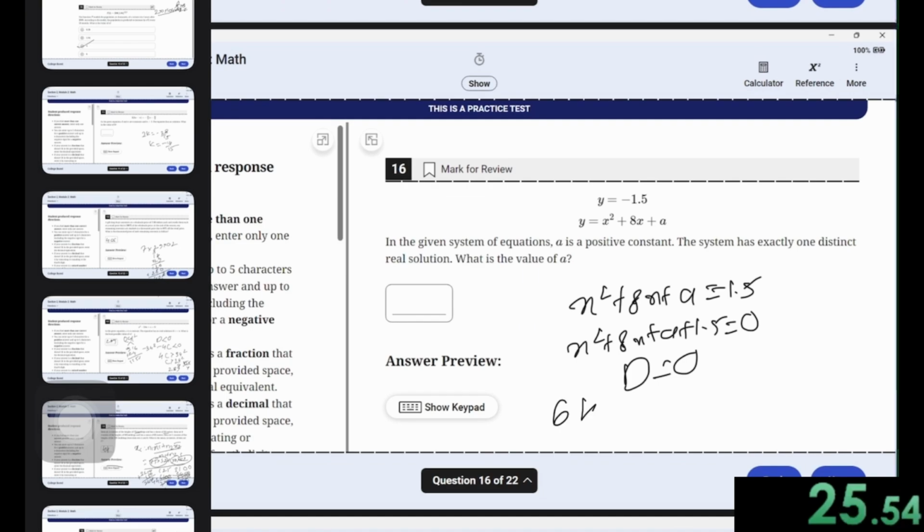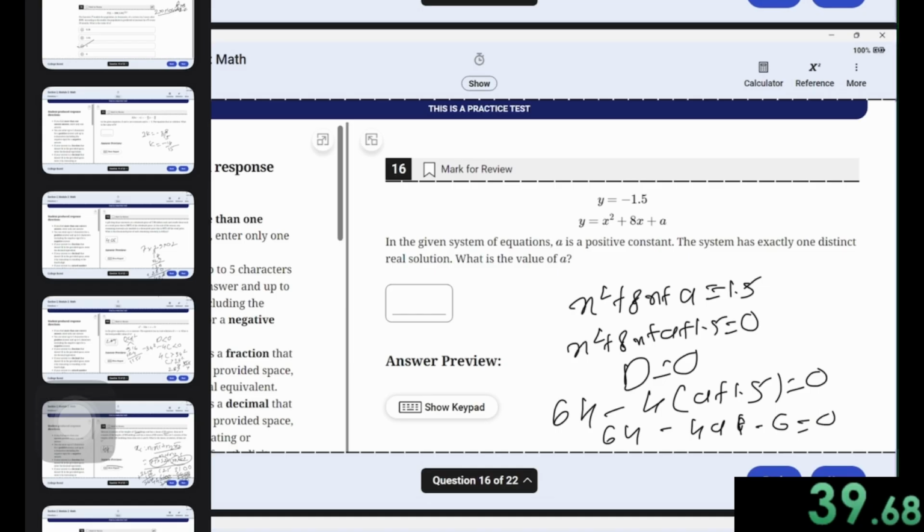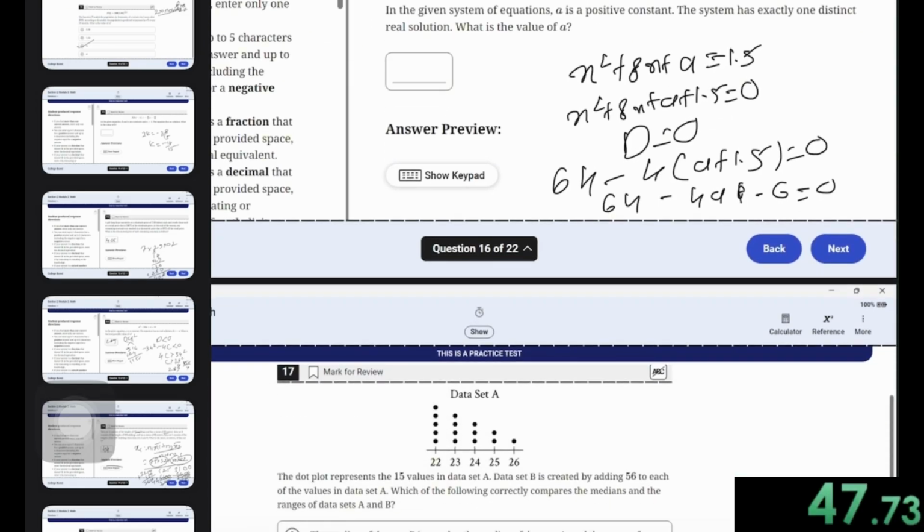So 64 minus 4 multiplied by 1 multiplied by (a plus 1.5) equals 0. Okay, so 64 minus 4a minus 6 equals 0, which gives us 58 equals 4a.